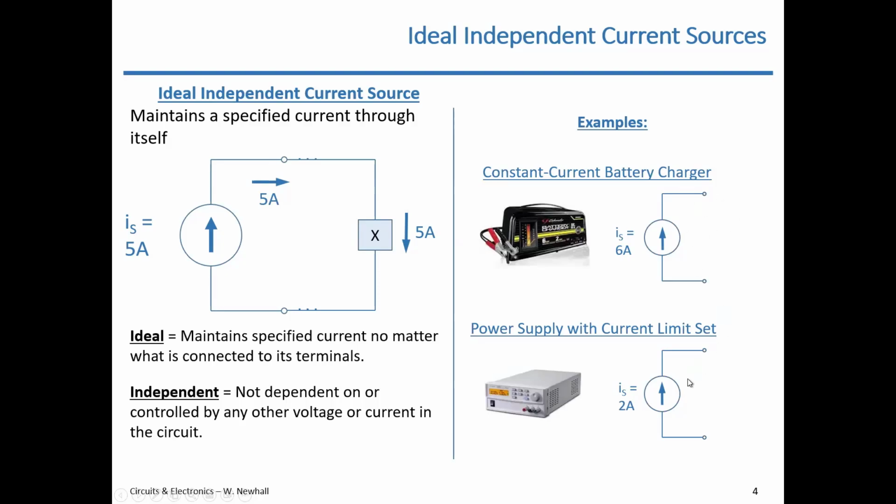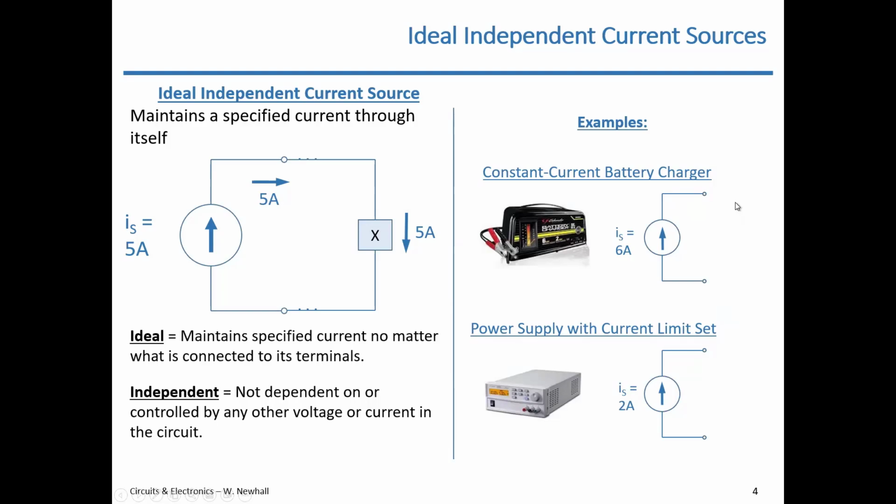And although I have these sources drawn here, not connected to anything, they have to be connected to something so that the current can flow. So there needs to be a circuit connected to these terminals. So those were the independent sources, voltage and current, that we talked about during the last lecture.